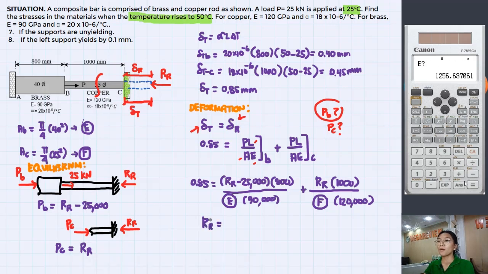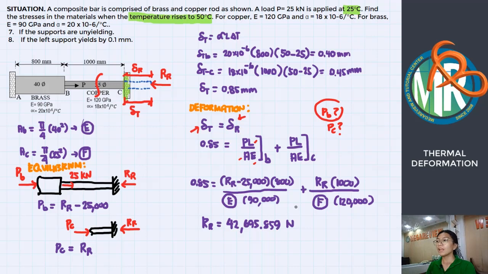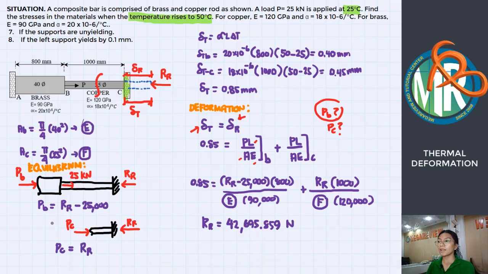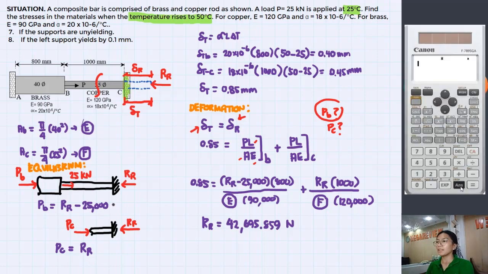And ilan ba yung lumalabas dyan? This is 42,695.859 Newton. And from here, you can get the value of PB and PC. Force ng brass and force ng copper mula dito sa equilibrium equation natin. I-calculate nyo nga ilan ba yung PB natin dito.